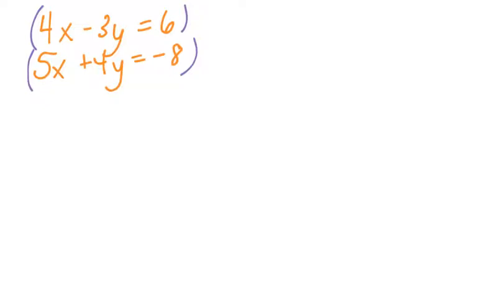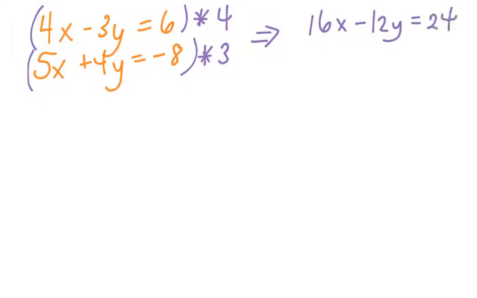And so what I just have to do is multiply the first equation times 4 and the second equation times 3. So that gives us 16x minus 12y equals 24.